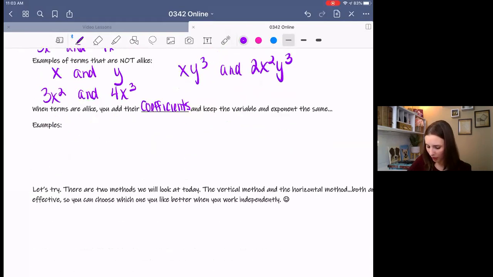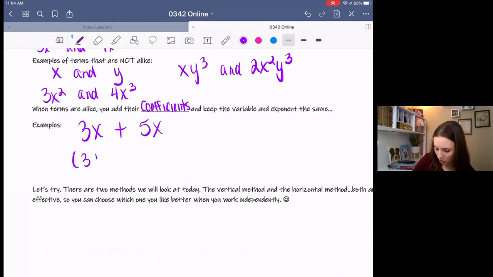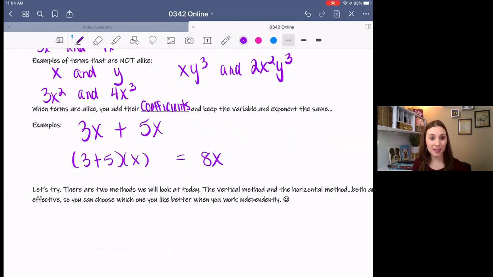So what's happening here is, for example, if we have, I'll do something simple, 3x plus 5x, they have the same variable with the same exponent. So what I'm going to do is add their coefficients to be 8x. So we're just totaling the x's, kind of like the M&Ms.